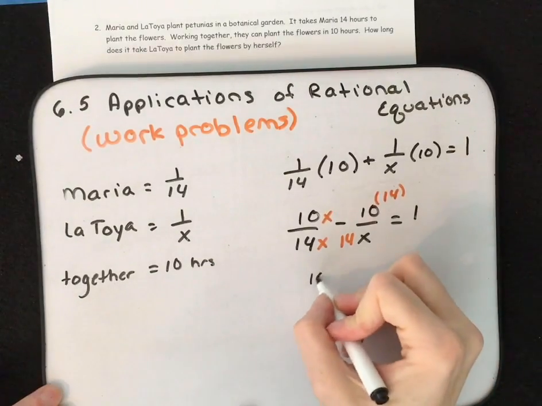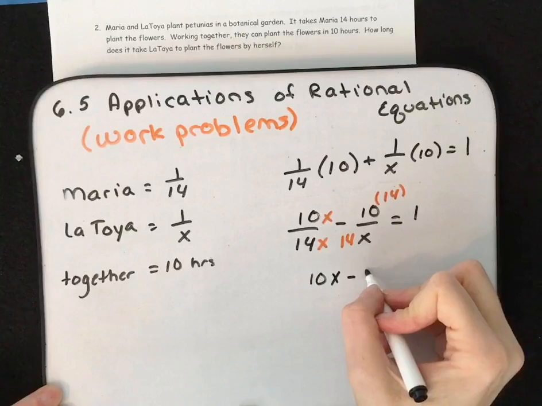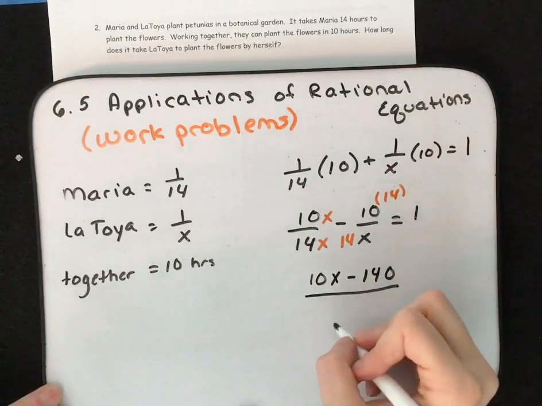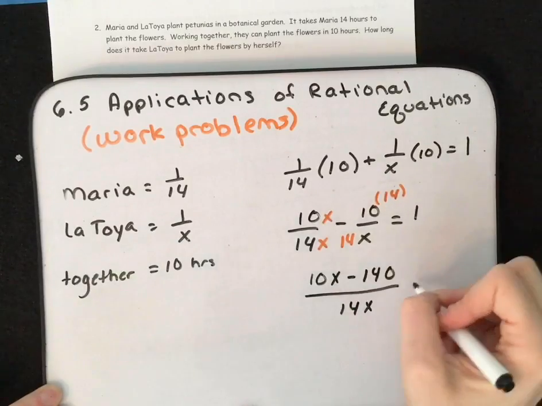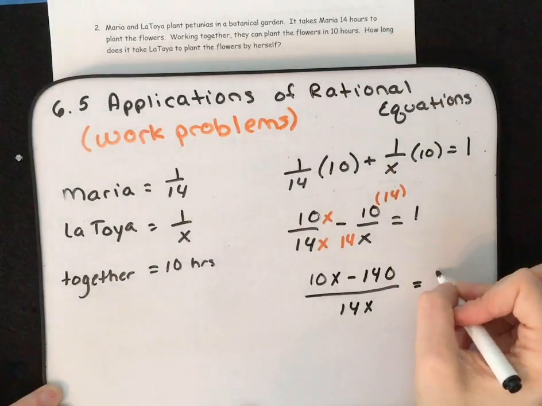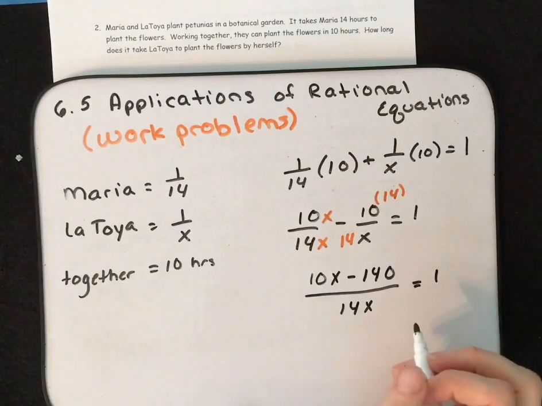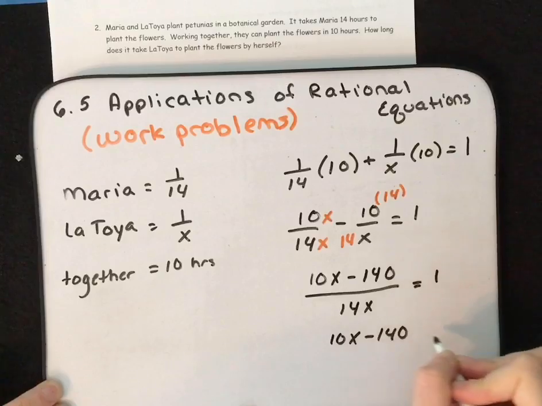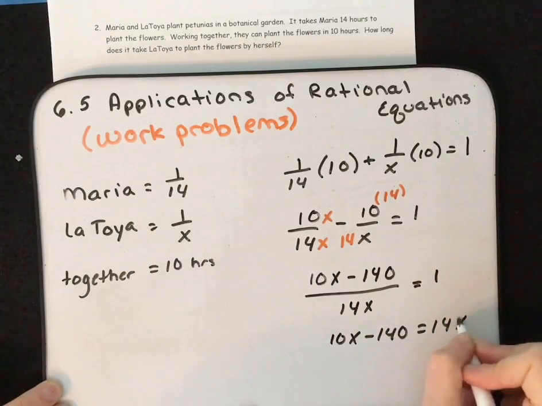So that means we'll have 10x plus 140 all over 14x equals 1. If I multiply both sides by 14x, that gives us 10x plus 140 equals 14x.